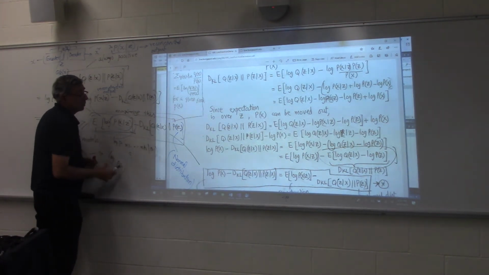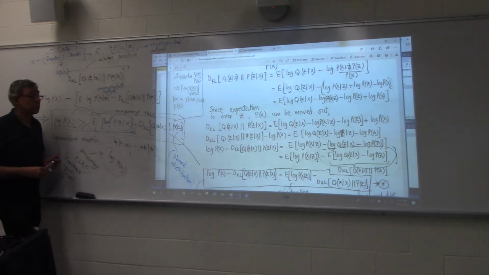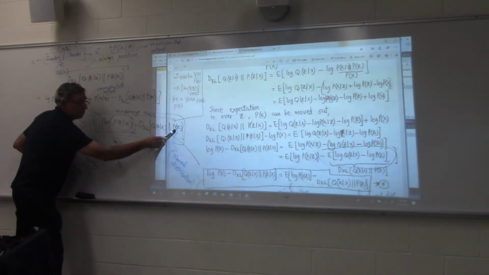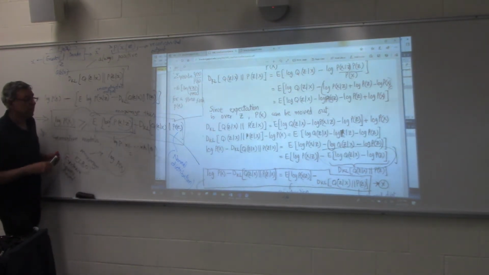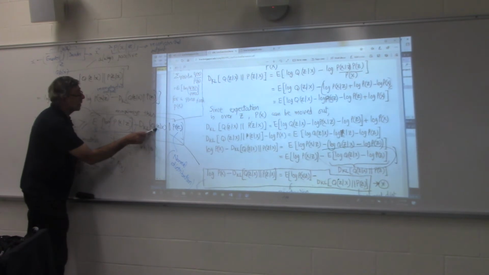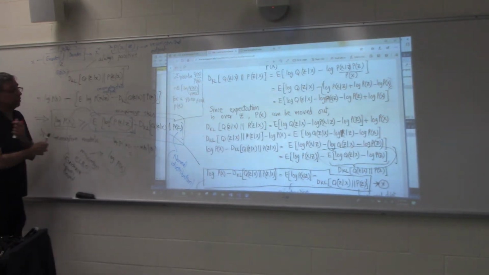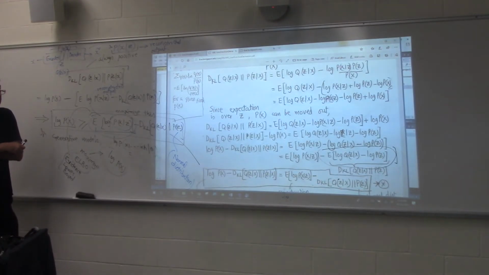KL divergence produces a minimum value if the two distributions are equal. So if we make this normal, we will be able to force this to follow a normal distribution. Then we can easily sample from it.